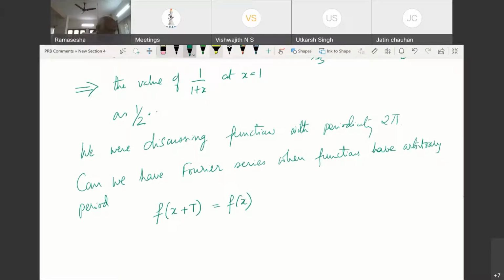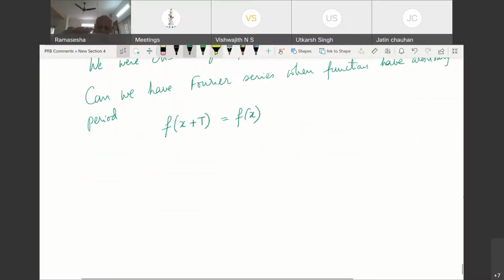The point is, replace the variable by t is equal to 2π. Then what happens is the following.